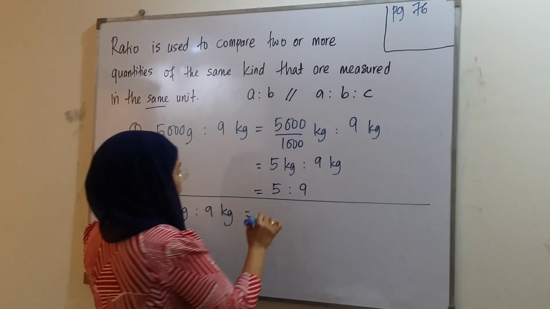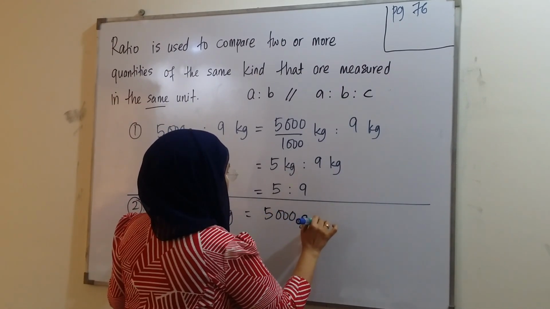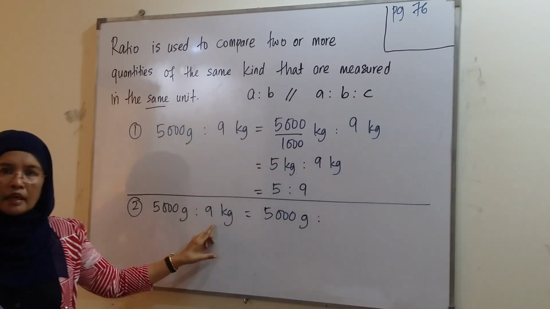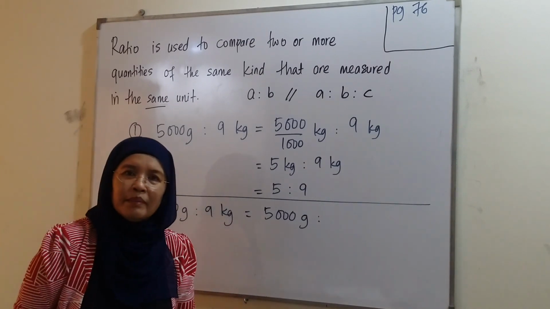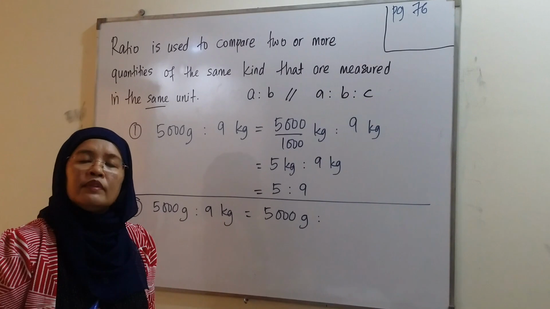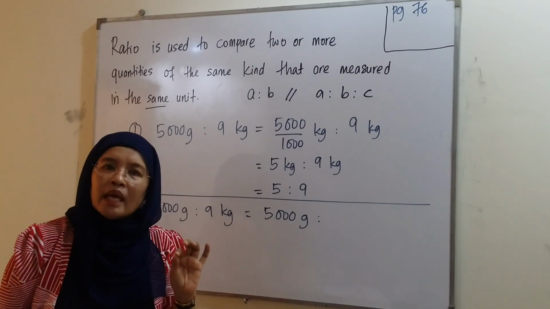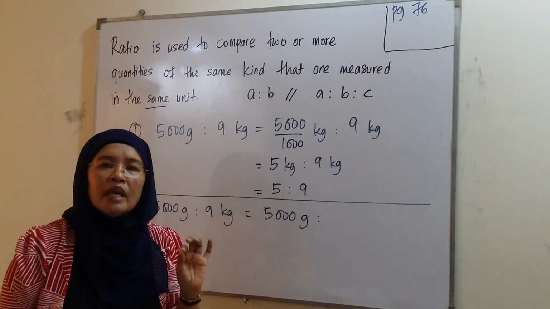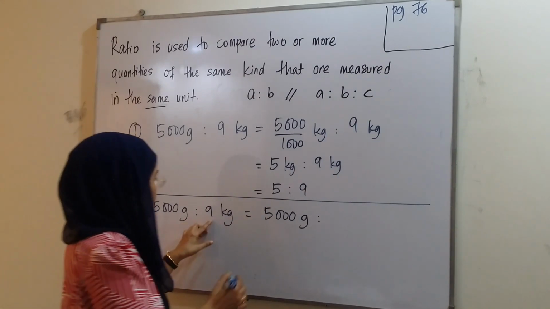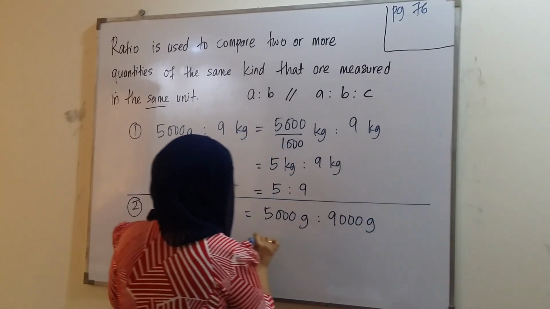So this one we maintain. Now 9 kg, how many gram? K is referred to 10 to the power of 3, meaning 1,000. K is kilo, and the value of kilo is 1,000. So we write 9,000 gram.